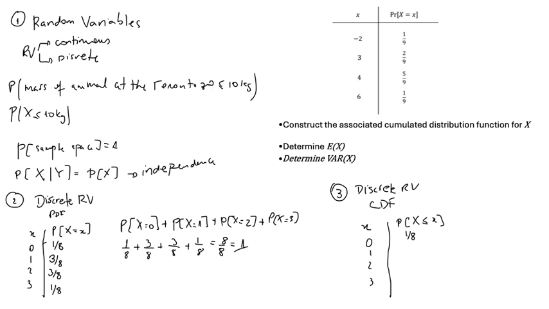Let's go to the next row, where X is equal to 1. What's the probability of X being less than or equal to 1? The equal part is easy. I can go to my PDF and find this value. It's 3/8.